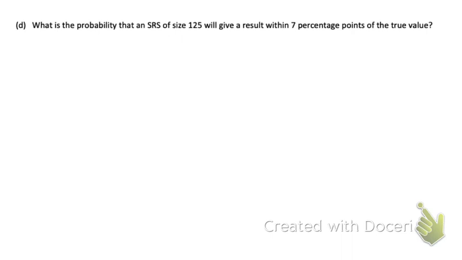What is the probability that this superintendent takes a simple random sample of size 125 and it results in a value that is within 7 percentage points of the truth? Okay, what is the true proportion of middle schoolers in her district that want to go to college? 0.8, 80%. So what am I asking you here? To find the probability of what?